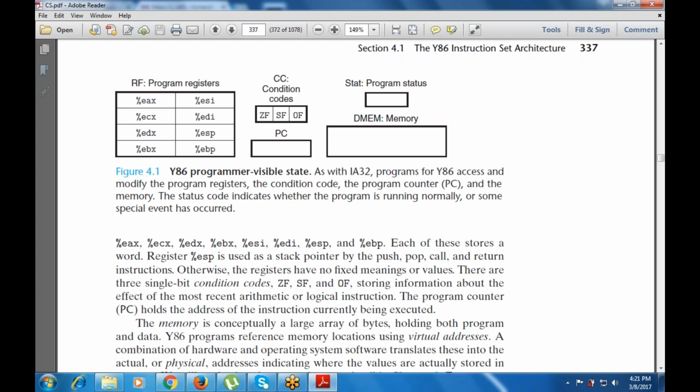Then the PC, then Stat, the program status, then DMEM, the memory. Y86 programs access and modify the program registers, condition codes, the PC, and the memory, and the status code indicates whether the program is running normally or some special event has occurred.